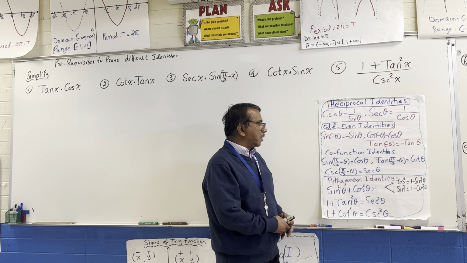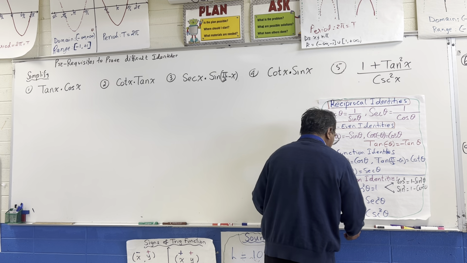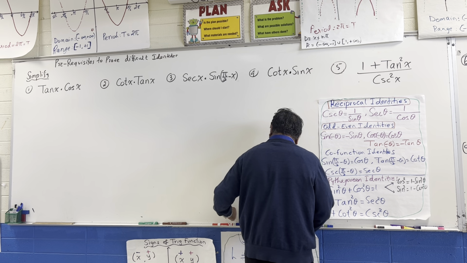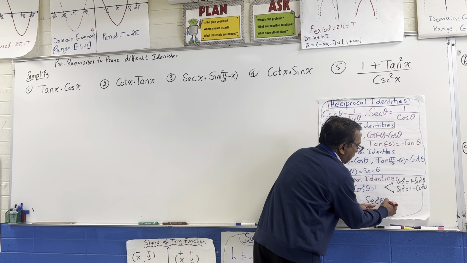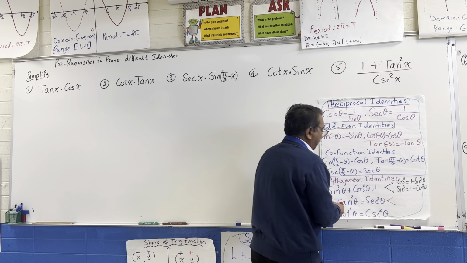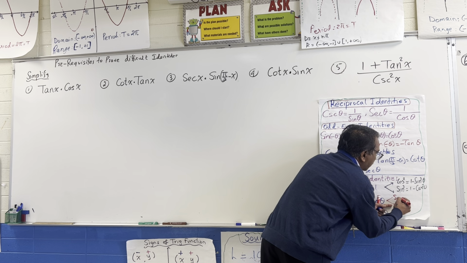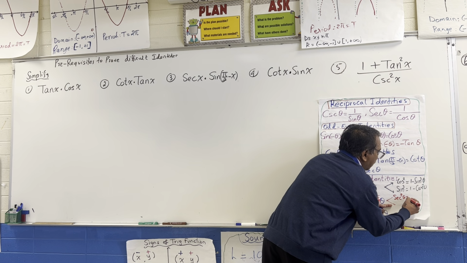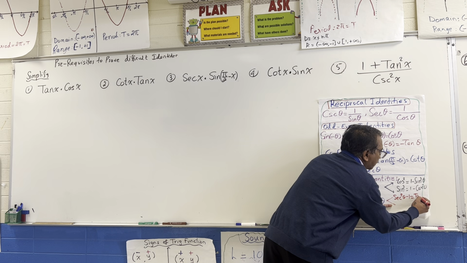I have not written this down, but I should have written it here. Let's write that part also, which we missed here. What I'm saying is, there are two over here. One is, secant square minus 1 is tan square.